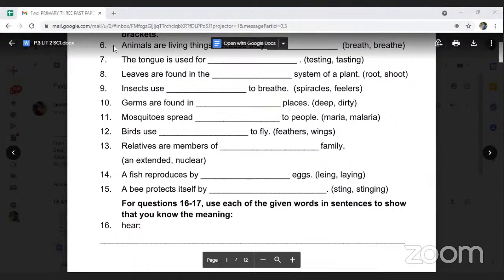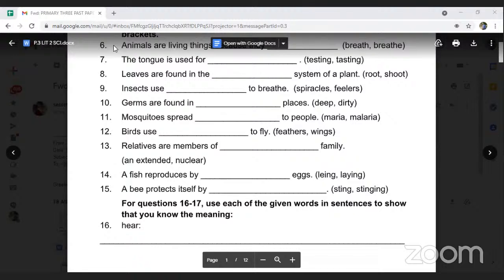Come again. Leaves are found in the dash system of a plant. In brackets, root, shoot. Which one is the correct? Shoot. Leaves are found in the shoot system of a plant.